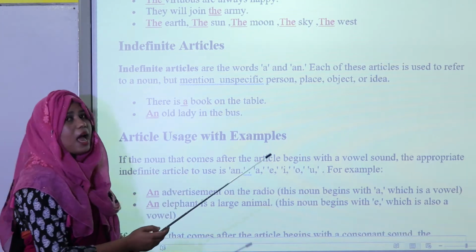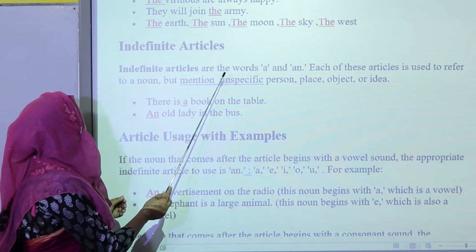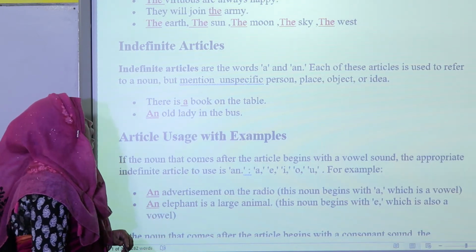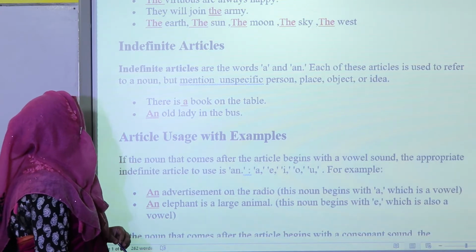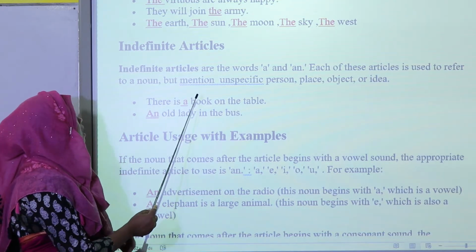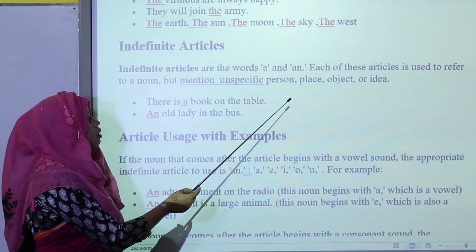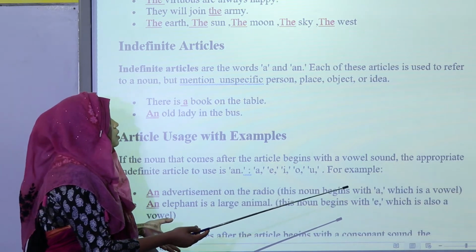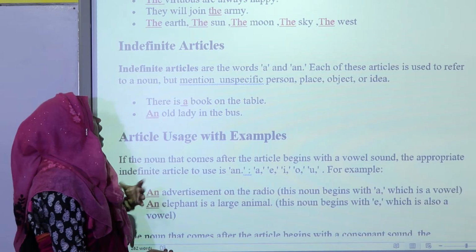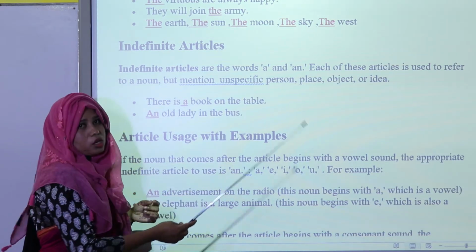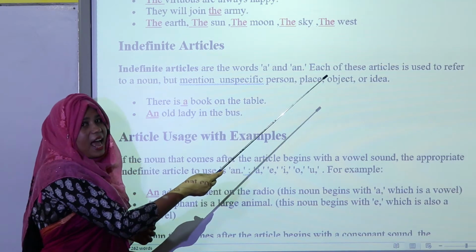Having completed the definite article, we then come to the indefinite articles. It's very important, and its use is available in our exam papers. Indefinite articles are the words a and an. My dear students, listen to me very carefully when we utter the alphabet: a, not a, and an, not an.